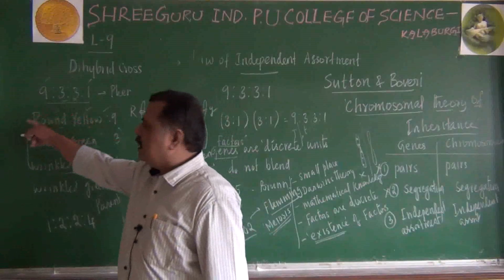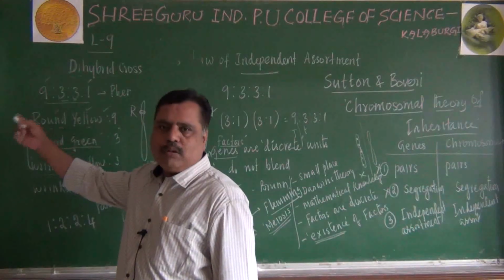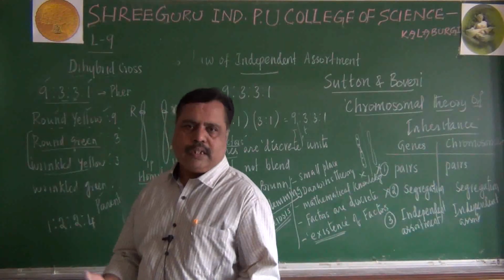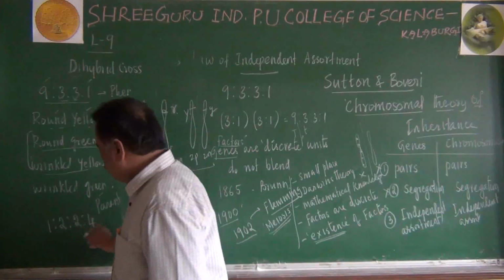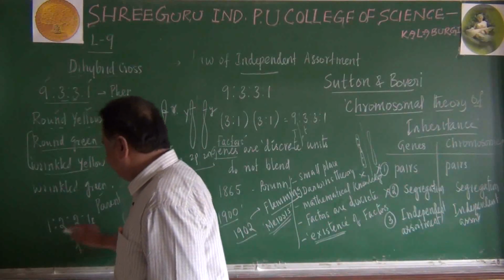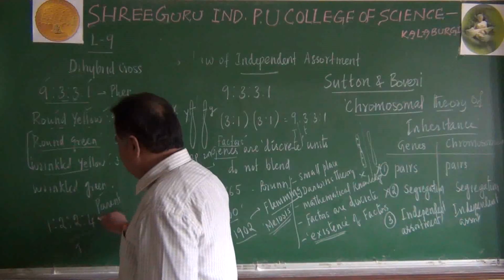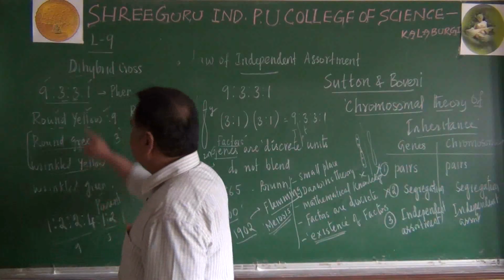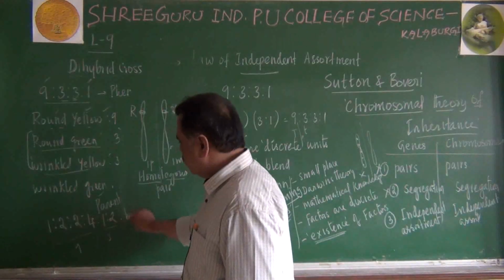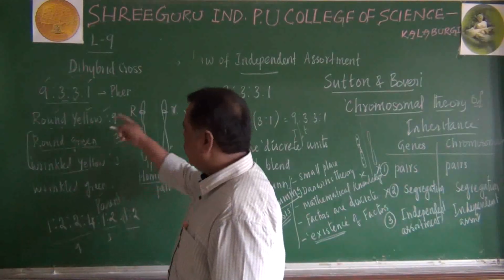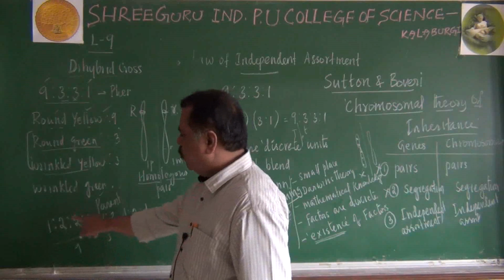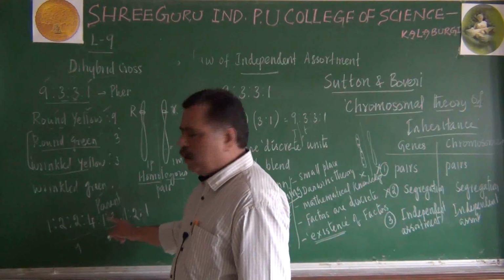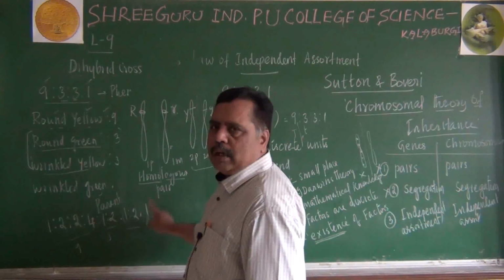That means heterozygosity, homozygosity, double homozygous, double heterozygous, we have seen. That 1:2:2:4 is nothing but 9. This 3 can be written as 1:2. This other 3 can be written as 1:2. And the last one is 1.